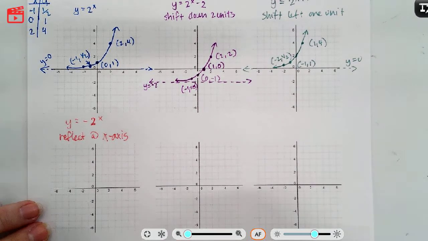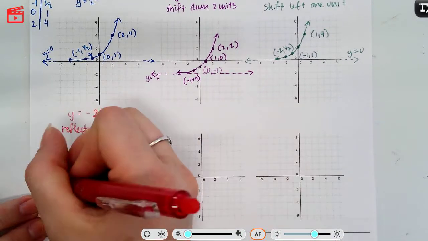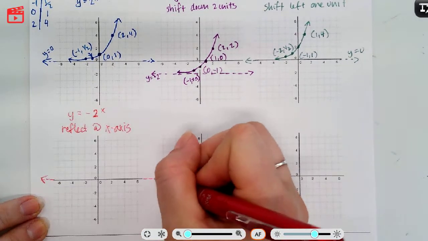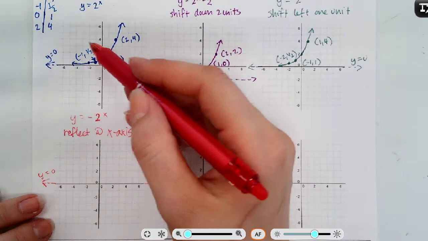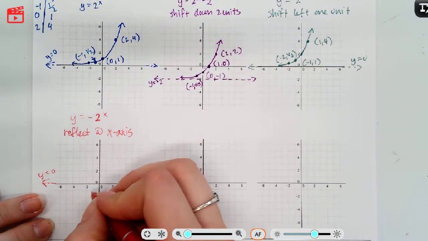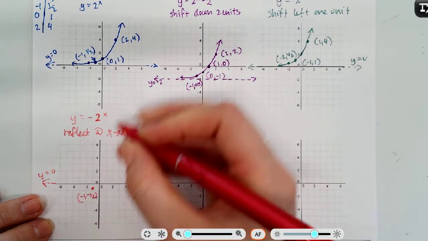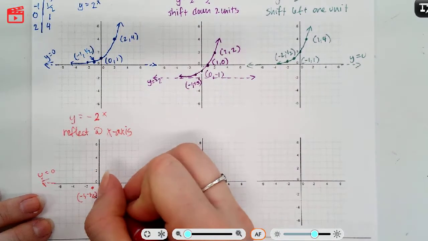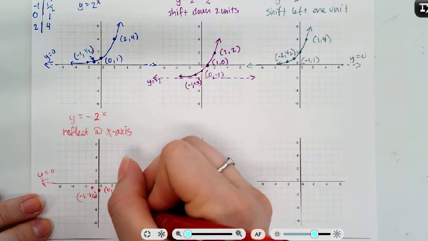Okay, so that means all of our y values get multiplied by negative 1. So our horizontal asymptote is going to stay the same. That does not get affected. But the y's get multiplied by negative 1. So that's going to be (-1, -1/2), (0, -1), and (2, -4).